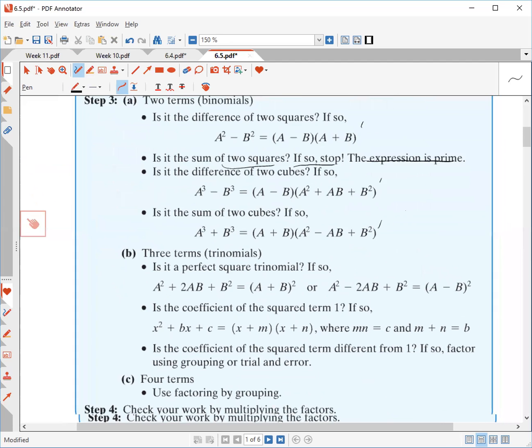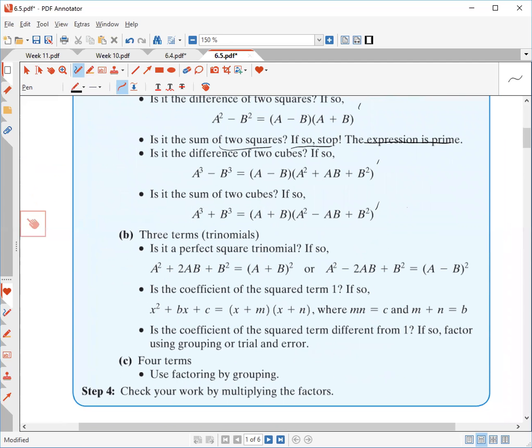If you have trinomials, you should always check if you have a perfect square first. If you have something like x squared plus 6x plus 9, you're checking that the first and the third term are perfect squares, and in the middle is twice their square roots. Then it's a perfect square.